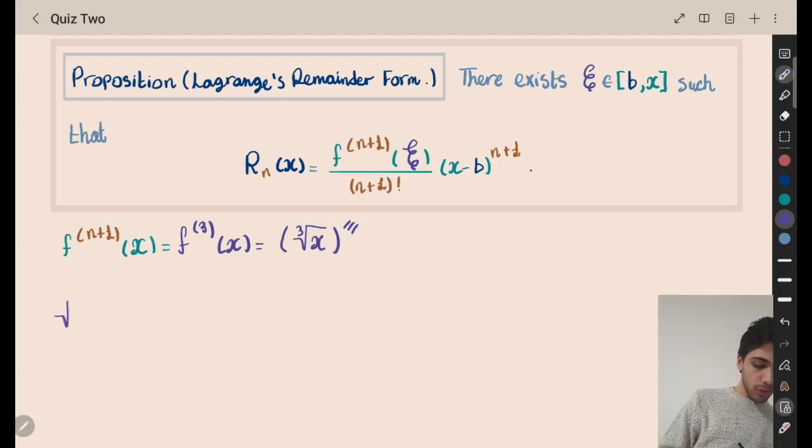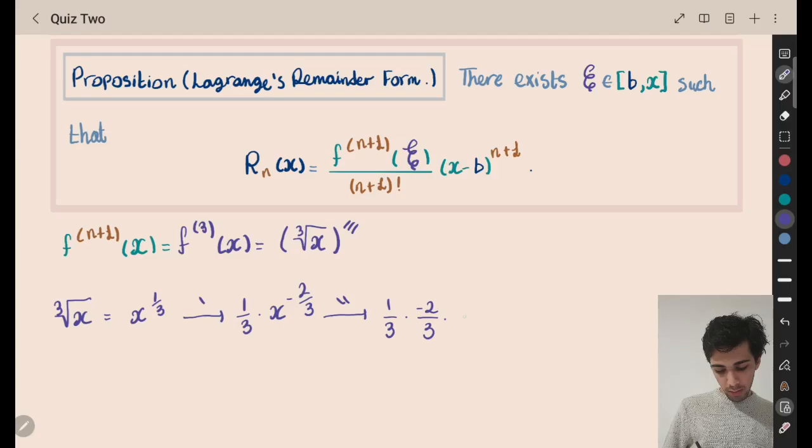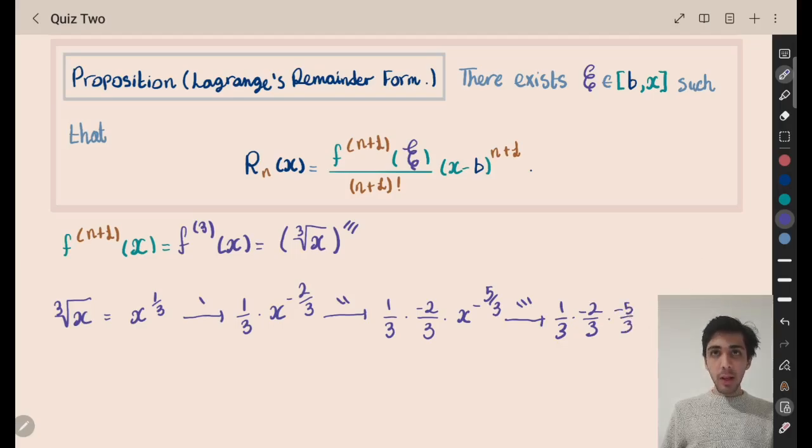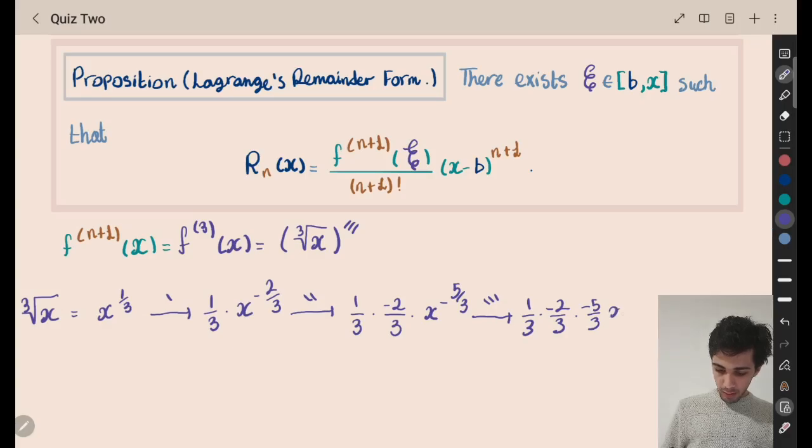Now I can write this cubic root function as x to the 1 over 3. Then I apply the power rule, so I get the following. Let me apply the power rule again, and then I will apply the power rule one more time to obtain minus 5 over 3 and then x to the minus 8 over 3.